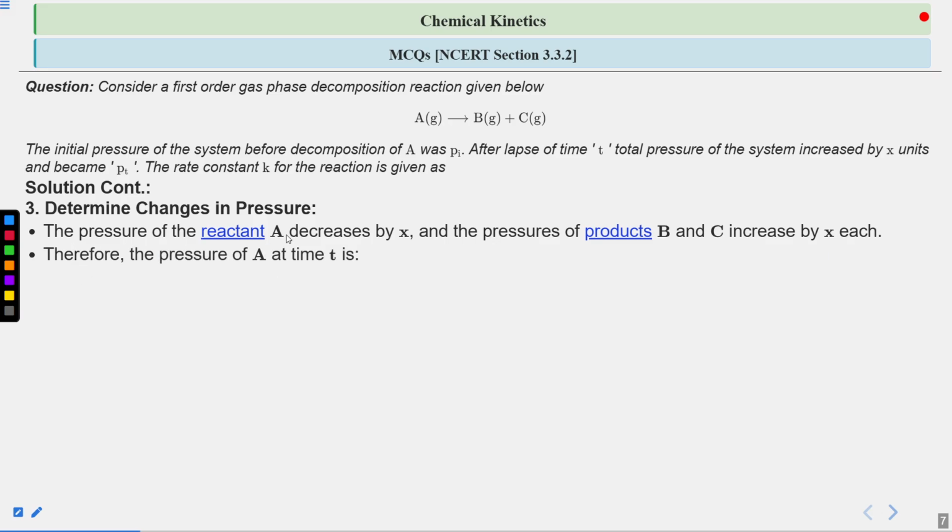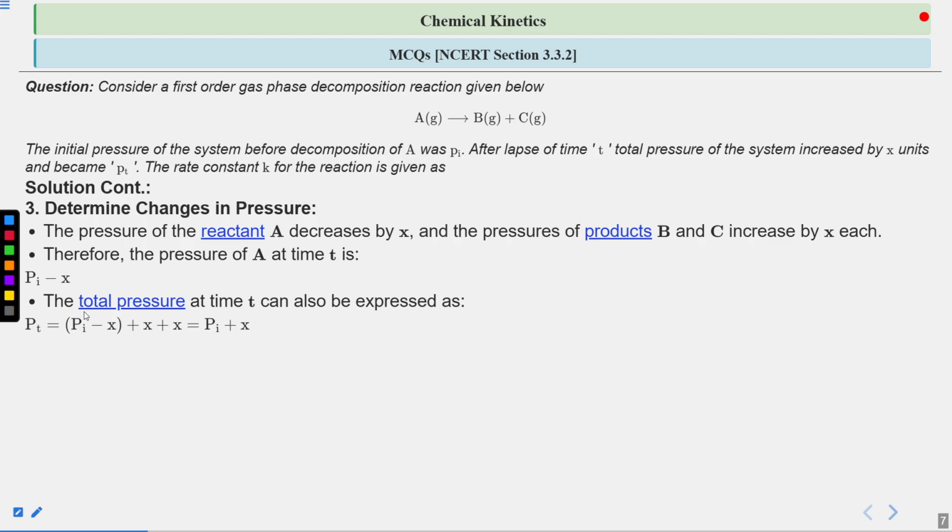Therefore, the pressure of A at time T is Pi minus X, because initially it has Pi pressure. After the time T, it is decreased by X amount, so the pressure of A, that is the reactant, will become Pi minus X.